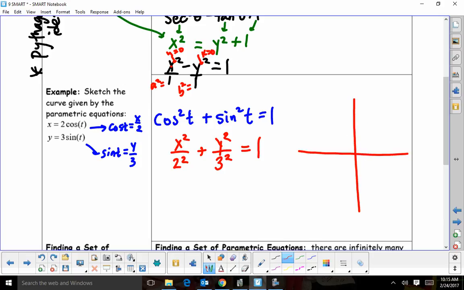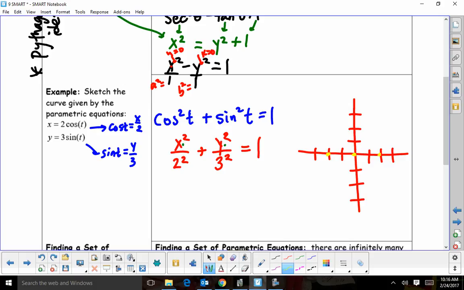So now let's see, where am I centered? Where am I centered? 0, 0, right? I don't have anything minused. So I'm centered at 0, 0. How far out from the center do I go on the axis? 2.